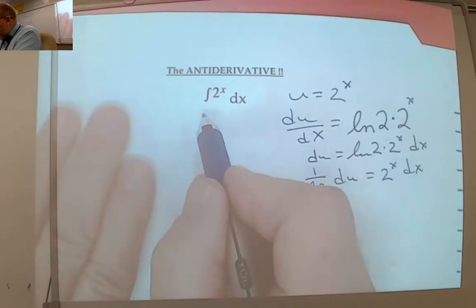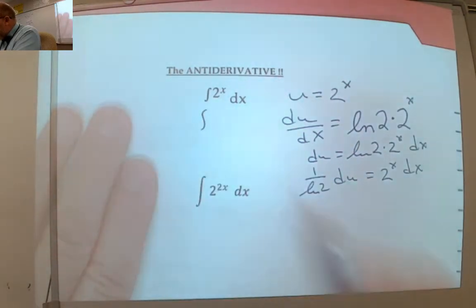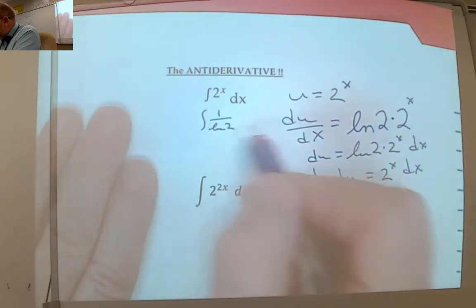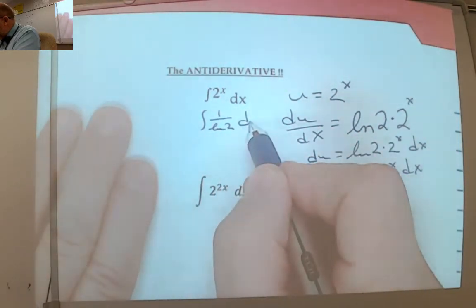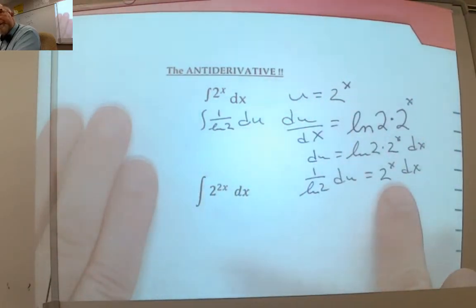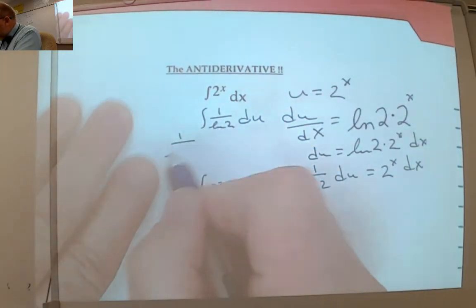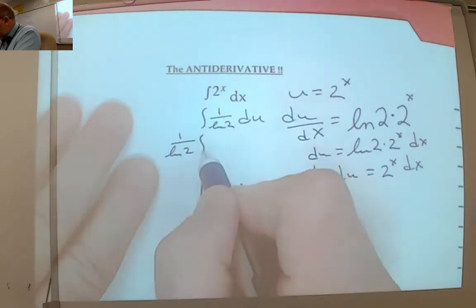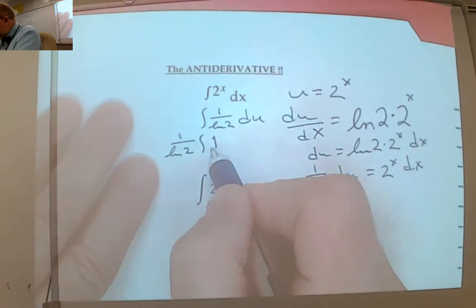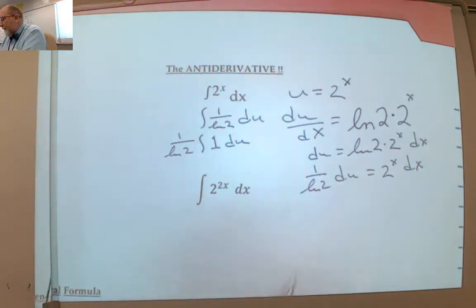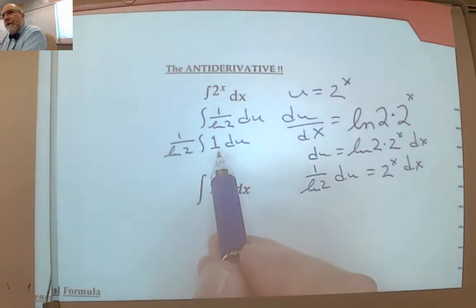So now I can write this as 1 over the natural log of 2 du from here. I can bring out, because it's a constant, this. What is the antiderivative of 1? u.